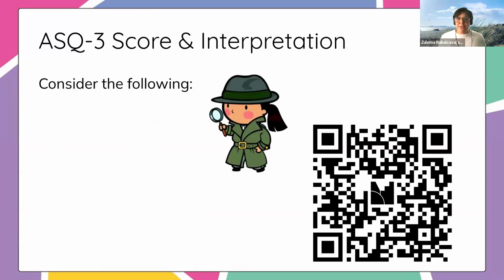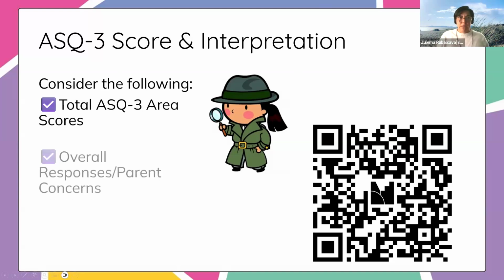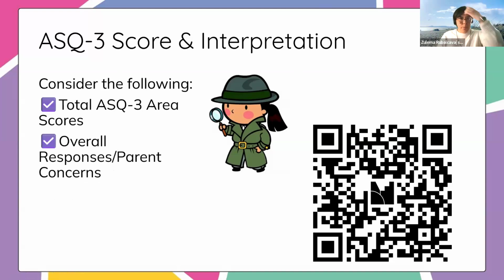We're going to do another Mentimeter really quick. I know that we're running out of time and I do want to get to everything, but when we have a completed questionnaire, there are things that we already know, right? We have the total area scores for all of the domains, right?